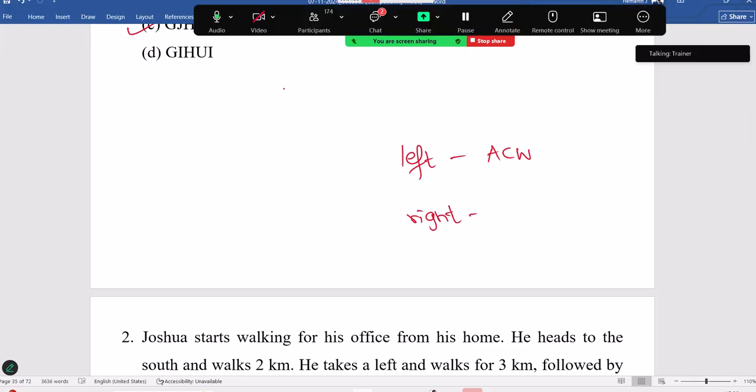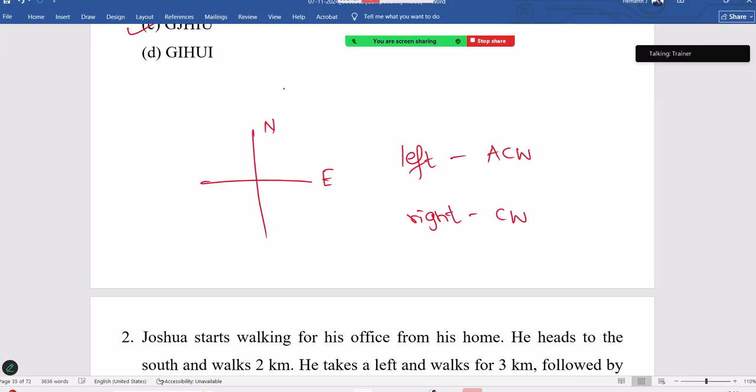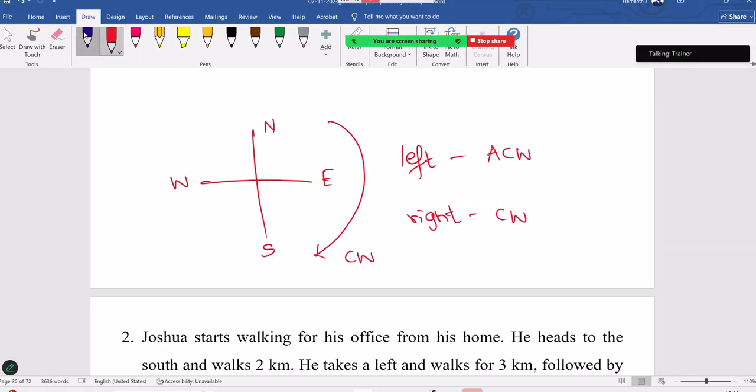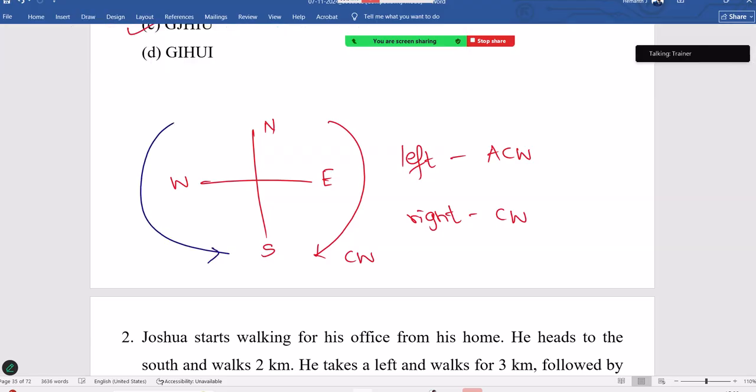If you know this point, then north clockwise is east, then south, then west. This is in clockwise mode, whereas anti-clockwise mode, you need to follow this. This is anti-clockwise mode, right?